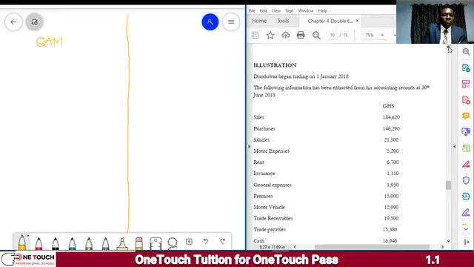So I have the statement of profit or loss for the year ended 31st December 2018.